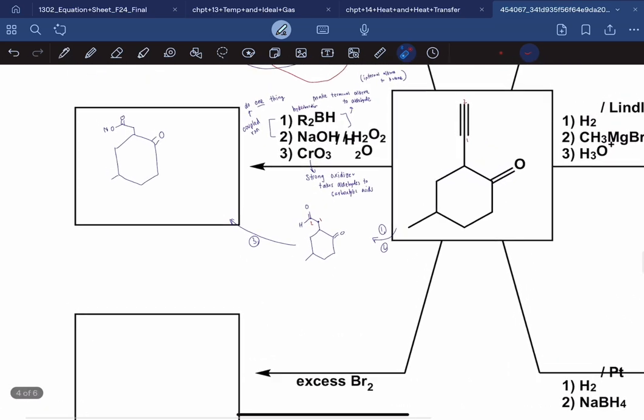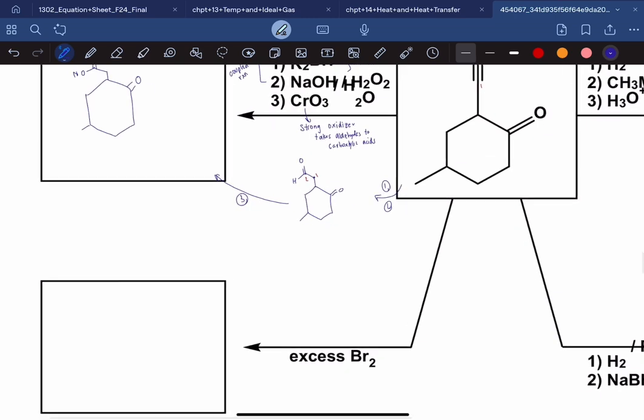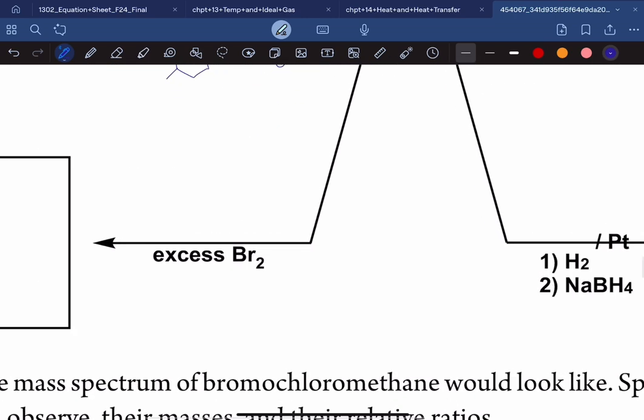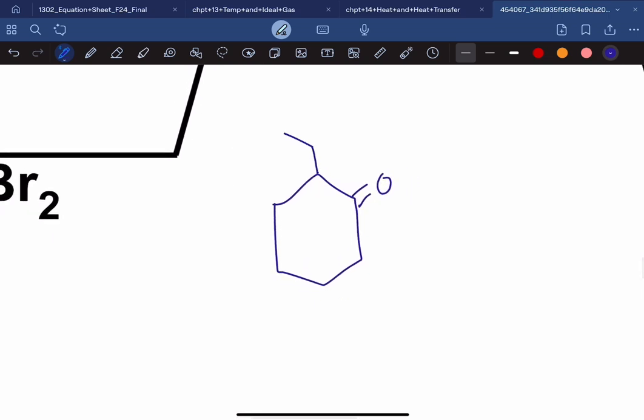Okay, and then the last one on the left side is excess Br2. So this one you might be confused because excess Br2 on an alkyne doesn't really make too much sense. But if we draw it out, it'll make a lot of sense. So let's just go one step at a time. Right, so we have this O. Oh, sorry, it should look like this, and then boom, boom, boom, right? And okay. Like that.